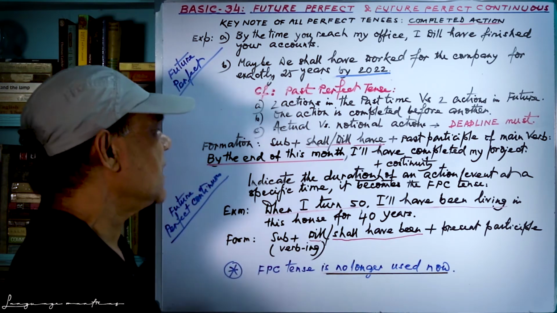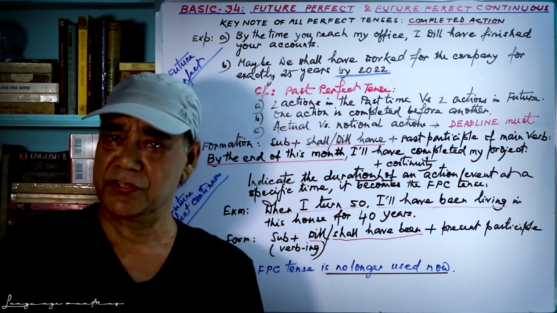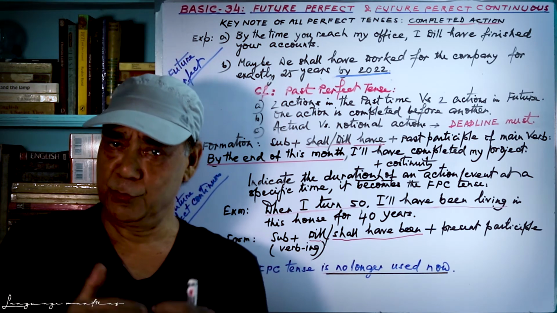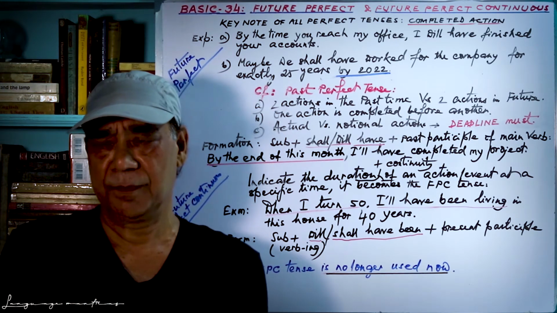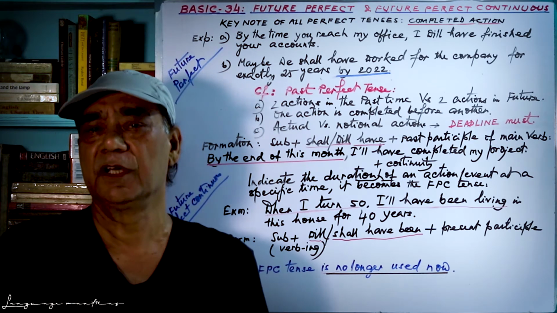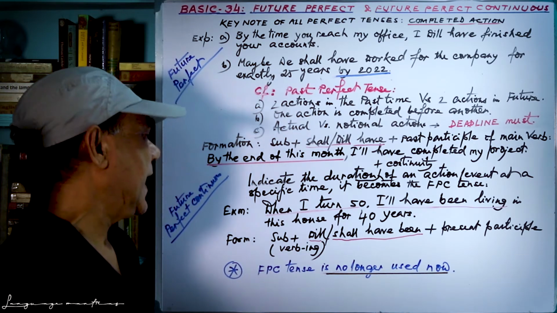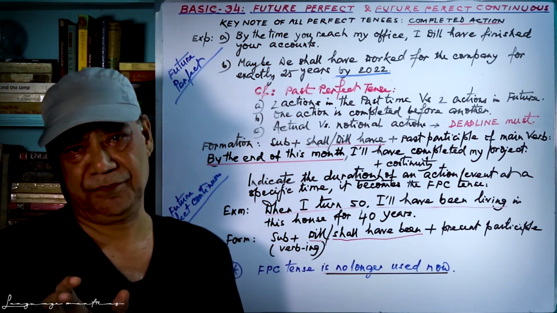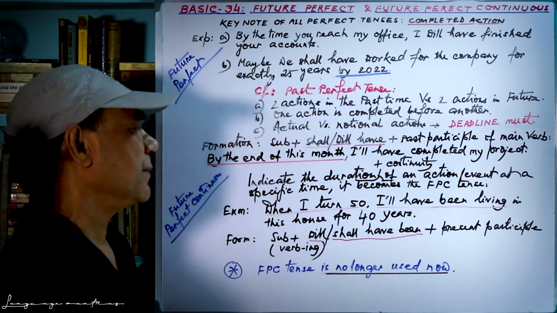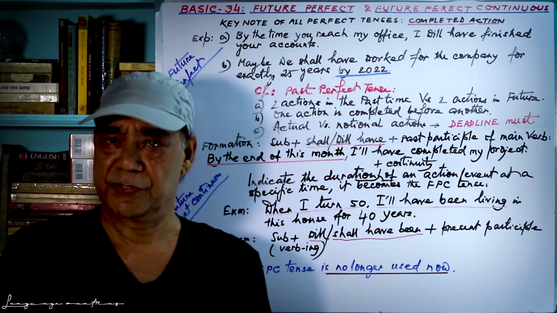It indicates the duration and continuity of an action. In future time, some action is going to take place. There is a question of its duration plus continuity of an action or event at a specific time. It becomes future perfect continuous tense.